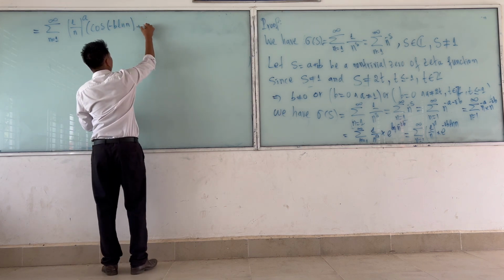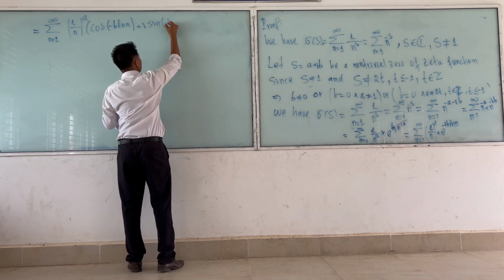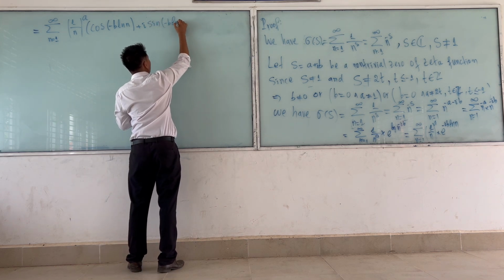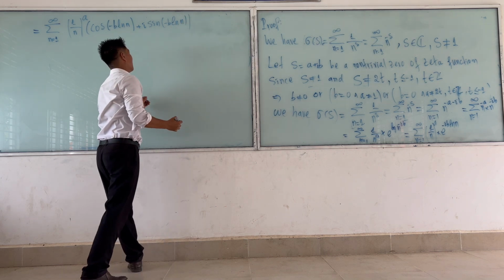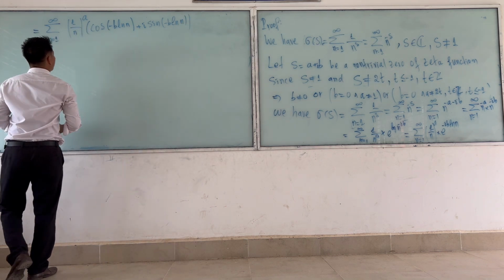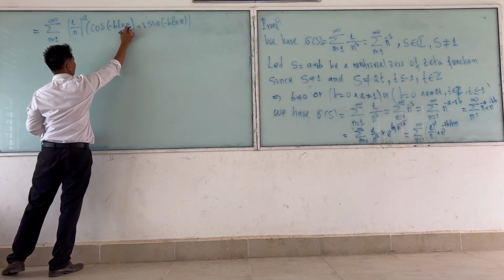And plus i sine of negative b natural log of n also. And here the negative 1, I put it into the power of n here.